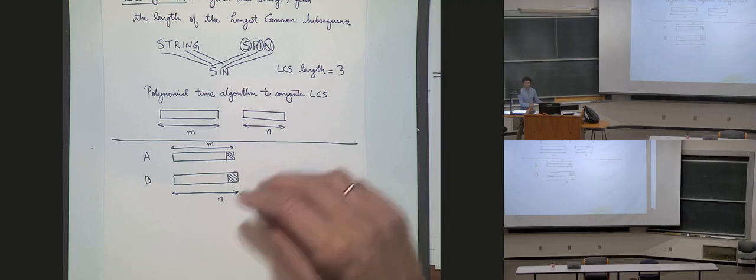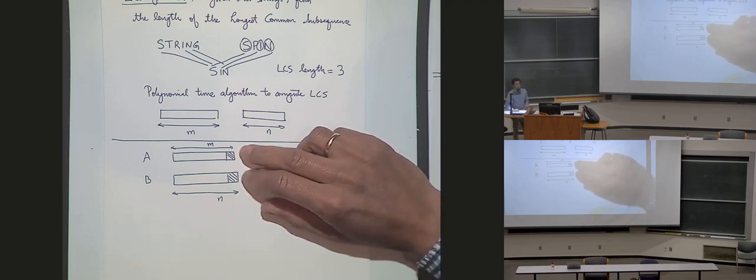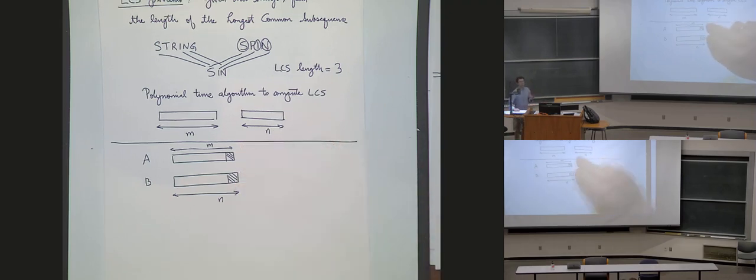And if they don't match up, then I have to give up on one of them in the common subsequence. So I can give up on the first one, or I can give up on the second one, and then again I have a recursive problem. So basically we end up with 3 choices. Each of those you can write down as a recursive subproblem, and then you just maximize over those.